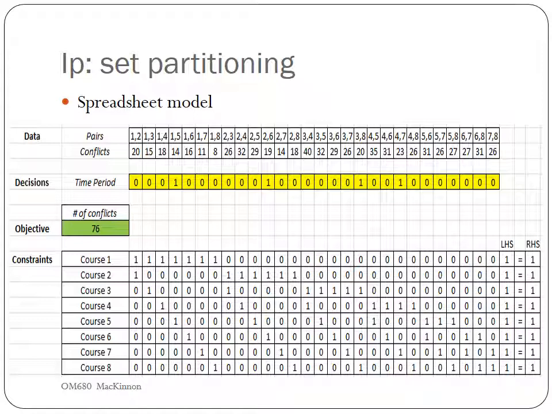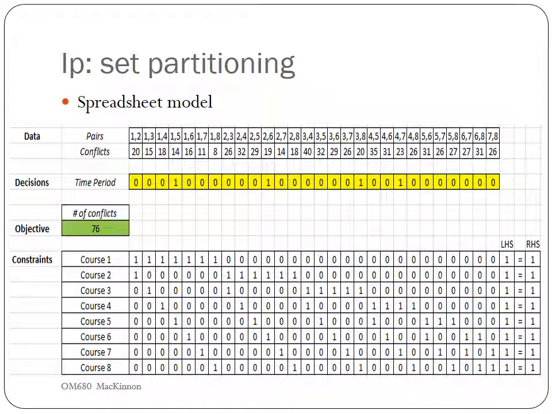You're choosing the time periods that will give you the least amount of conflict. You've essentially got to have conflicts. So you're choosing the 3 pairs that give you the least amount of conflict.